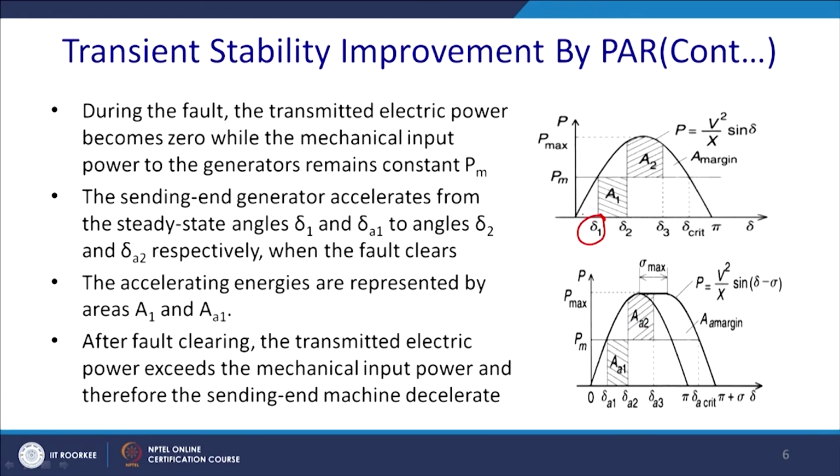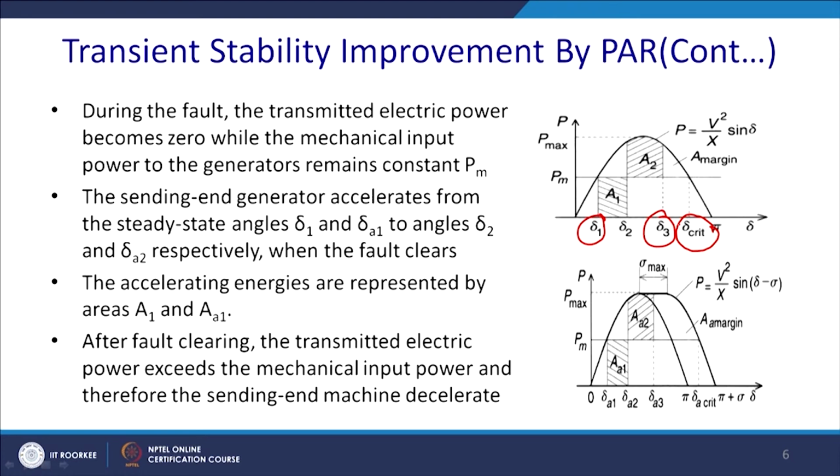Delta 1 was the initial angle, and then you get an accelerating area A1, and ultimately due to that you get a decelerating area A2, and you know that the fault is required to be cleared, and let us assume that the fault is cleared at delta 3, however this critical fault clearing angle is delta critical.